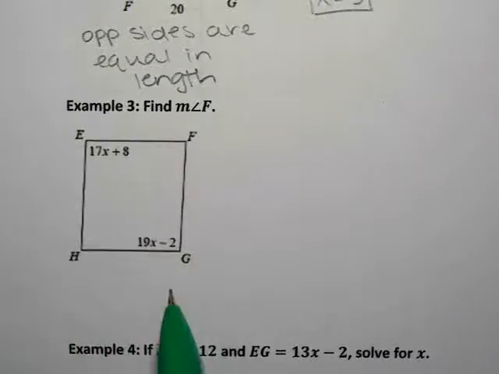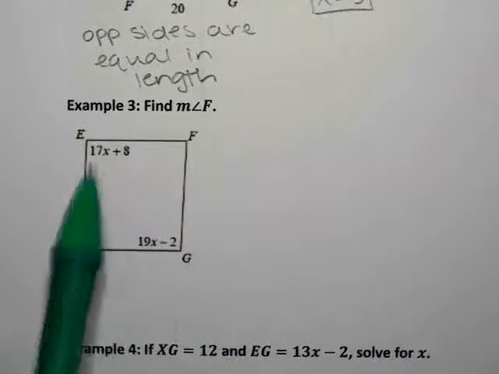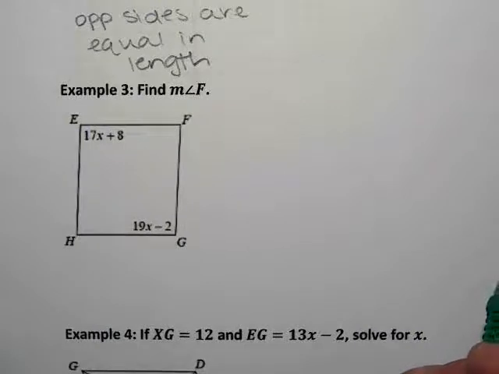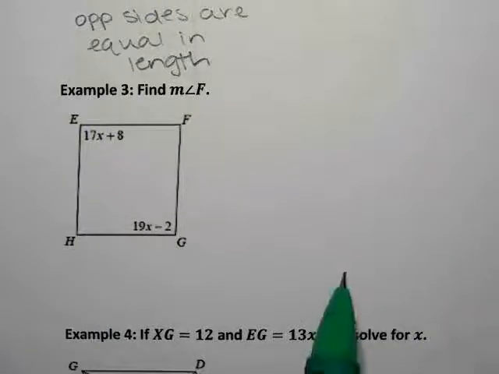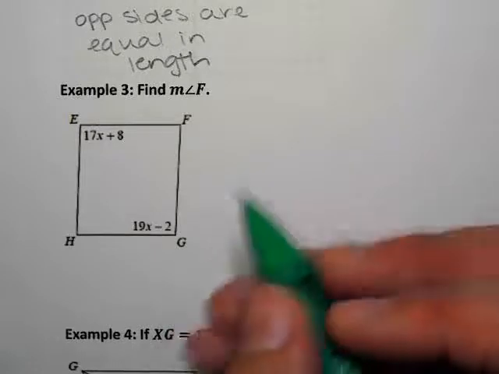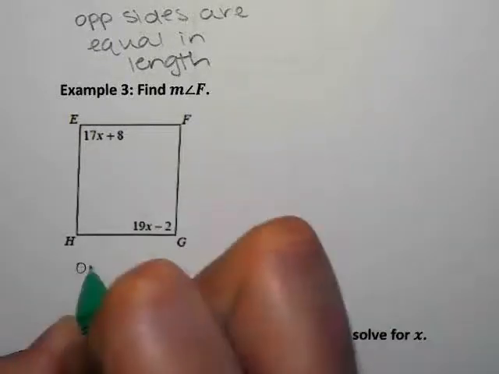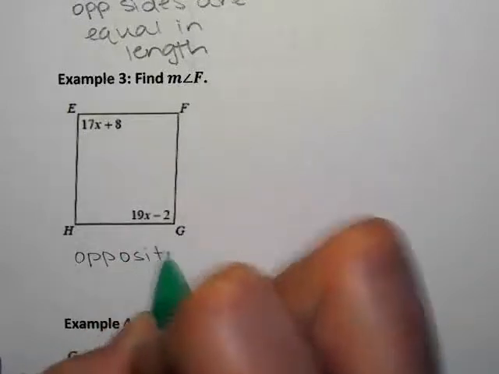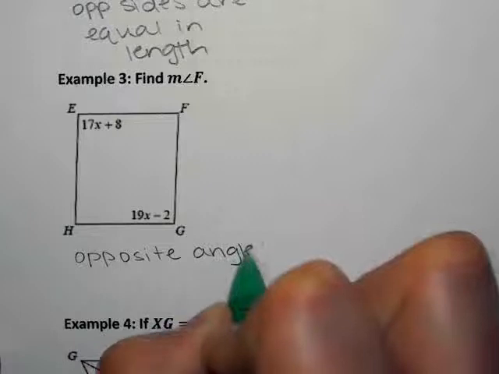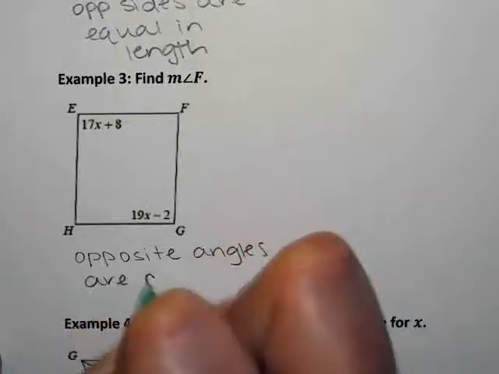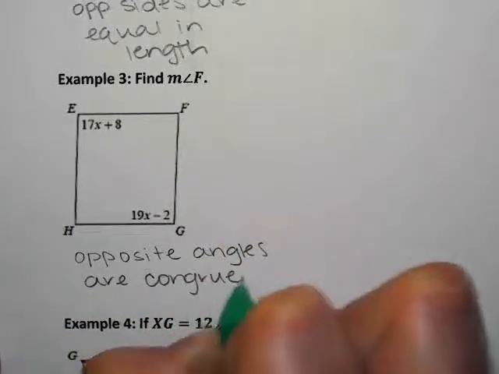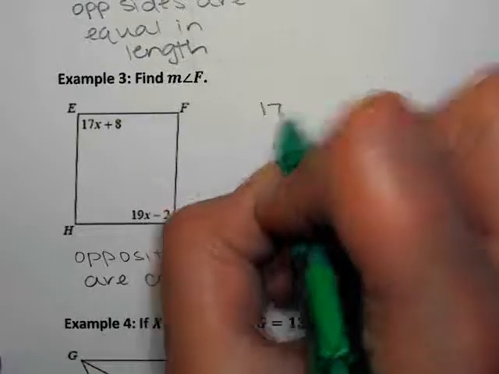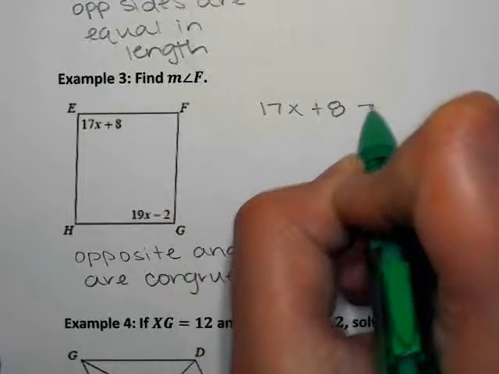Okay, so what math fact can we see in example 3? Math fact. Opposite angles are congruent. All right, I'm writing this down because it's good to have your notes make a lot of sense. Opposite angles are congruent. So I'm going to say 17x plus 8 equals 19x minus 2.